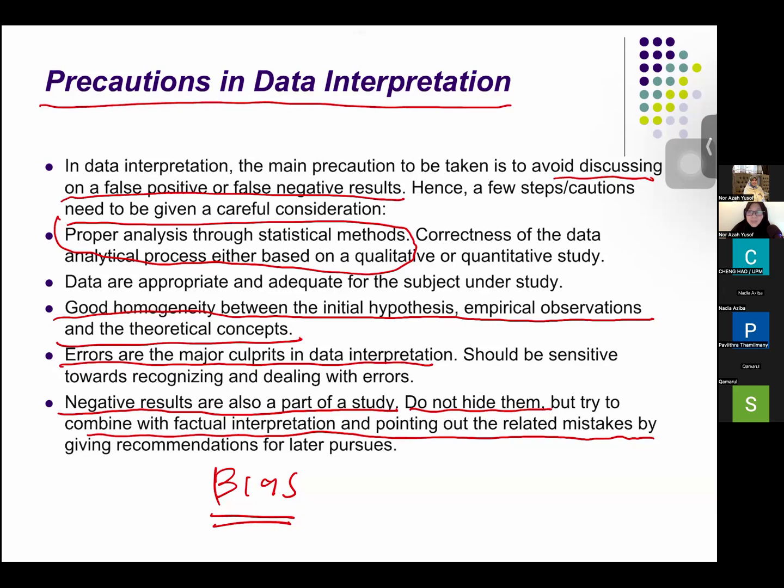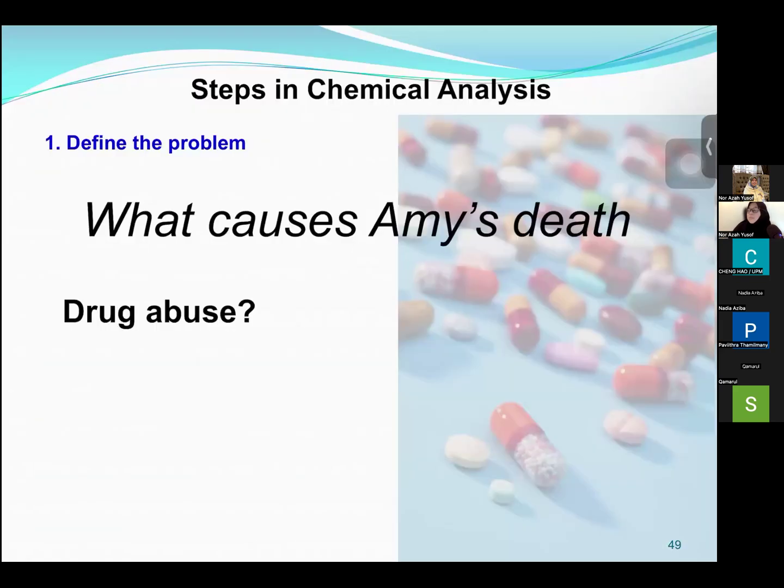So data from the clinical study is very, very crucial in order to get the conclusion whether the drug is actually good to go or we have to stop the production, or we have to do some reformulation or reanalysis again. So this is very crucial. Data analysis, data interpretation is very crucial, right? So this is just an example.